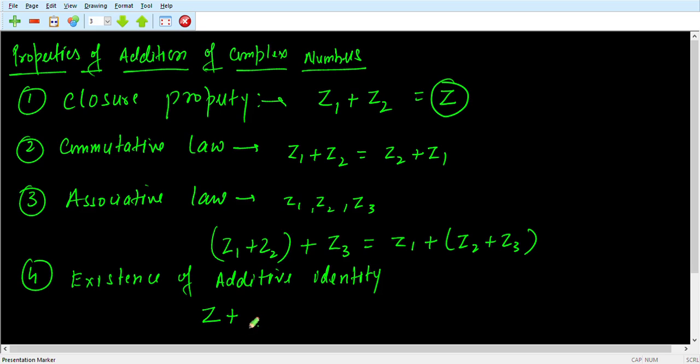So 0: if we add 0 to the complex number, or add the complex number to 0, the value will be the complex number itself.